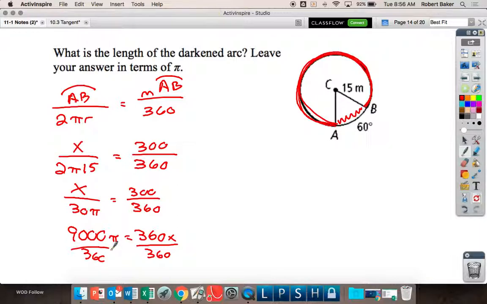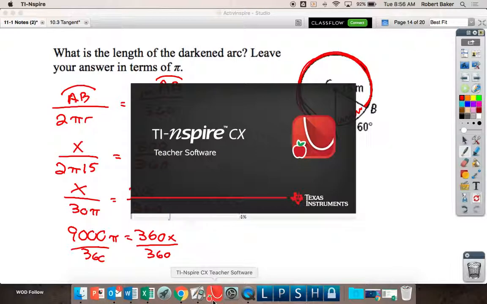Now here's where your calculator is amazing. You have to simplify that. So you can go to your calculator while mine loads and type in 9,000 over 360. And it should give you a simplified fraction. I don't know if you can put the pi in there or not.